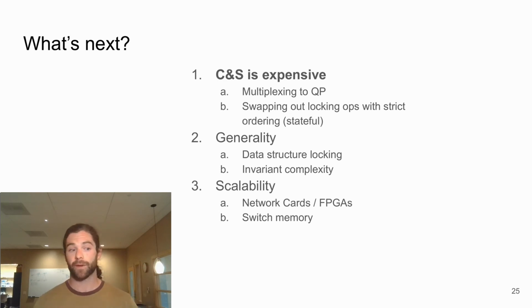Another question is about generality. We showed that this works on a single data structure with relatively simple operations, append to the end of a list. And we believe that the generality of our technique hinges on the complexity of the invariants which these data structures require to keep their structure.